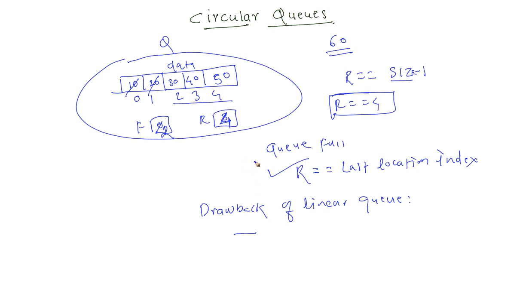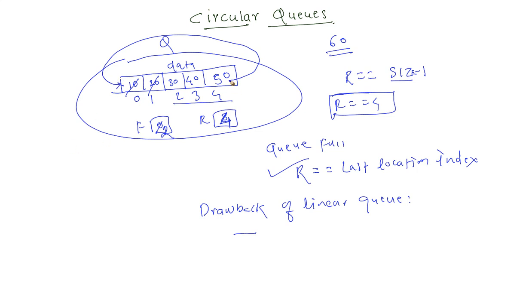Right? Now, why is it happening? It is happening because we are saying that when R is last location, the queue is full, though there is space. Now, in order to overcome this drawback, whenever our R reaches the last location, we will wrap this R around and bring it to the beginning.